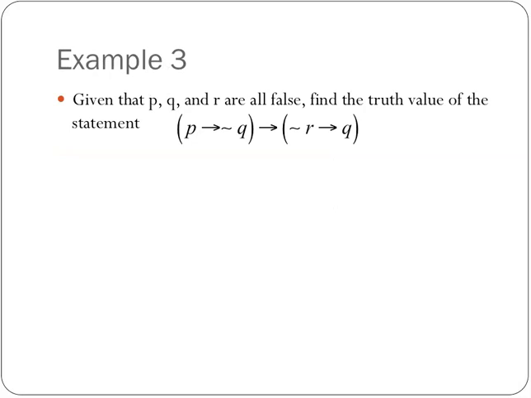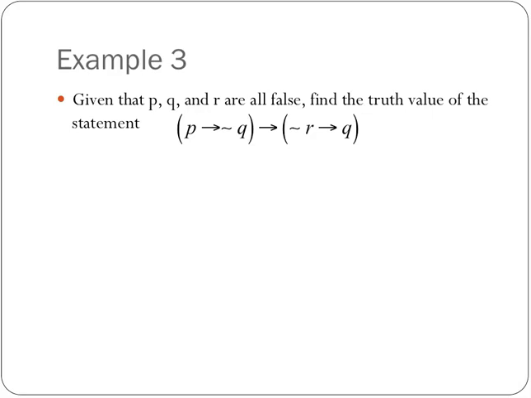Given that P, Q, and R are all false, find the truth value of the statement. Just like we worked through these before, we're going to write down the truth value of each part, and then use the truth tables to break it down and simplify it more. We're told that P, Q, and R are all false.